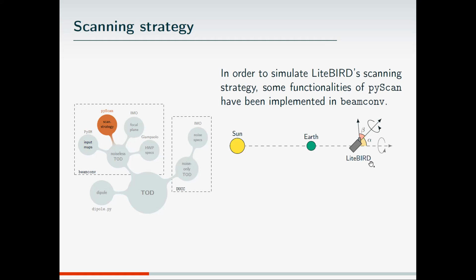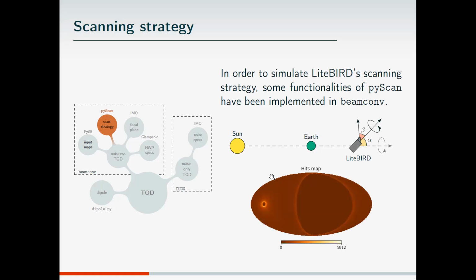So now, given the precession angle and the boresight angle and their periods of rotation, beamconv is able to produce pointing for the boresight direction at any time that you want. And what we get with beamconv now is this hits map. This is just for 5 days, but it looks a lot like how a hits map for LiteBIRD should look. So we're pretty happy with how it turned out.